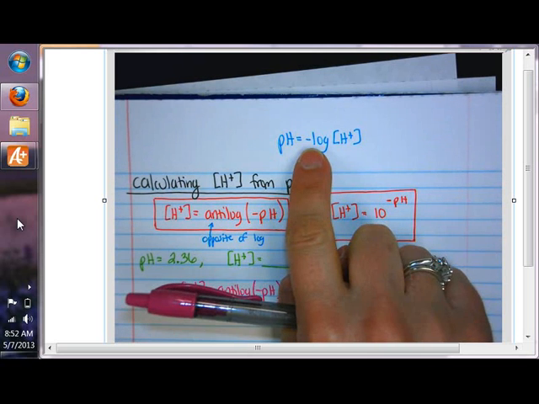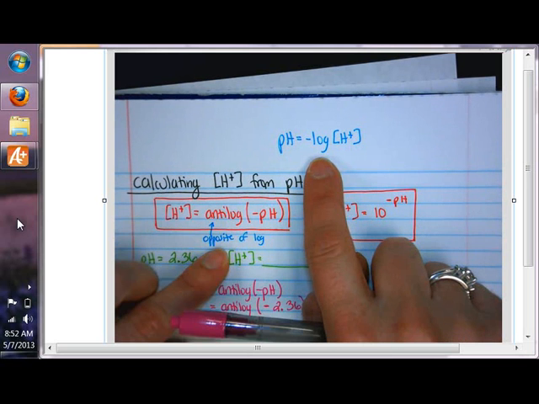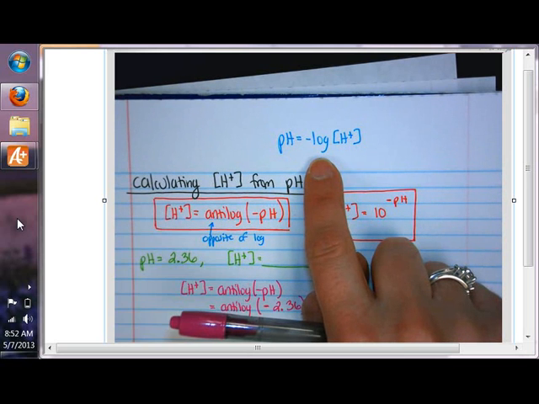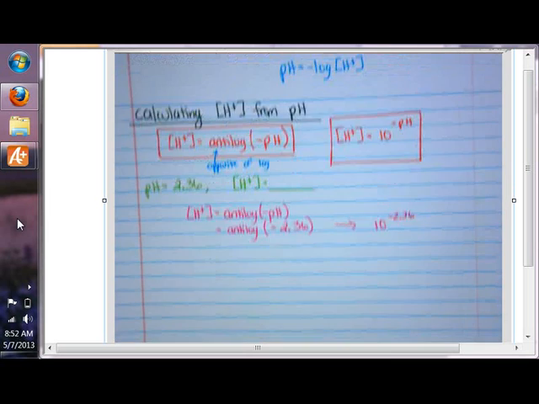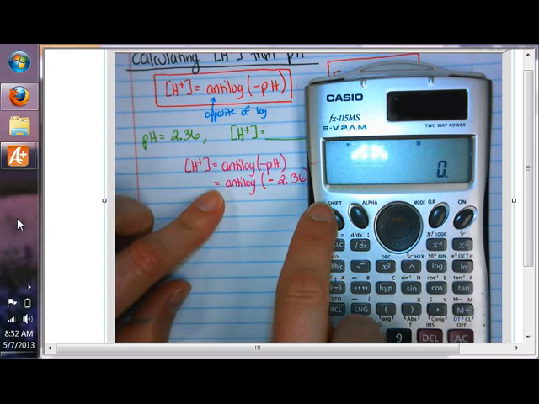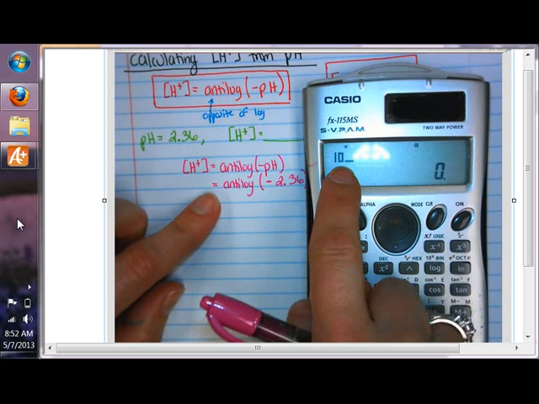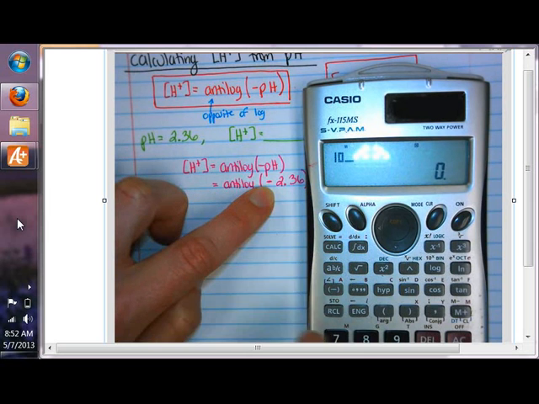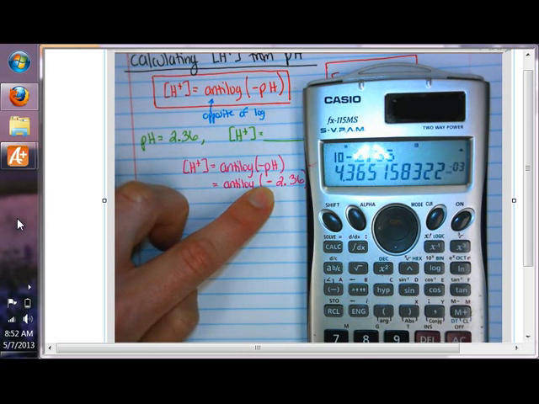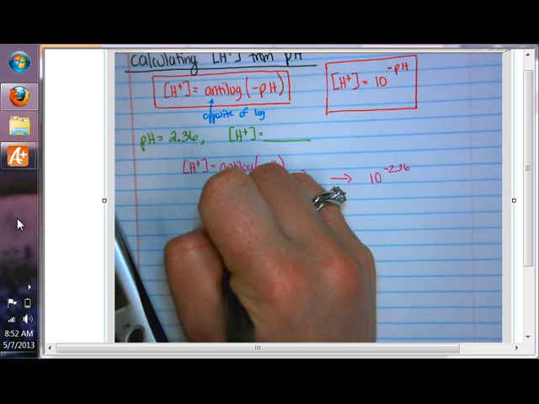I just think it's easier to know that I take the log of hydrogen to get pH, and I do the opposite of log to get the H plus, to go the opposite way. So it's very simple. I'm going to do the anti-log, which is just shift or second log. So second or shift log, it's probably going to pop up with this. So that's 10 raised to, and I just hit the negative 2.36, and I get my hydrogen concentration, which is 3 sig figs, 4.37 times 10 to the negative 3.